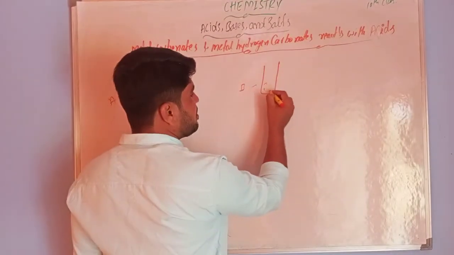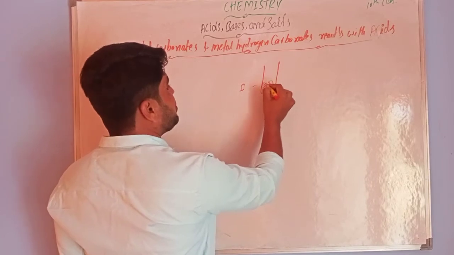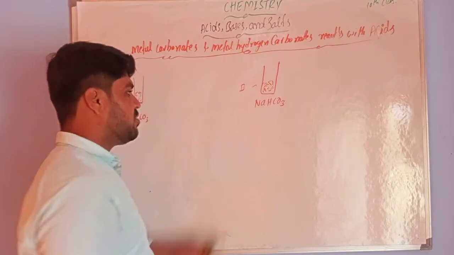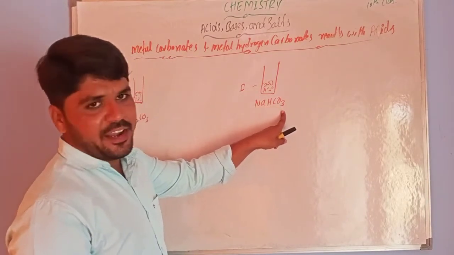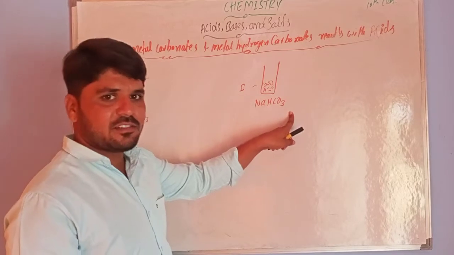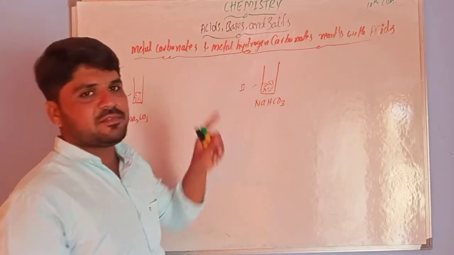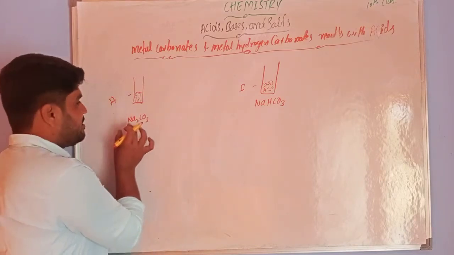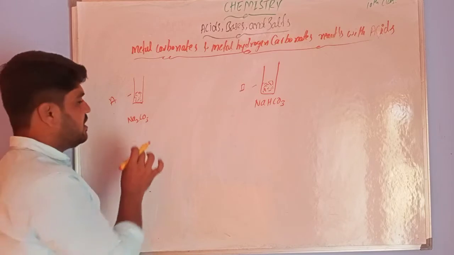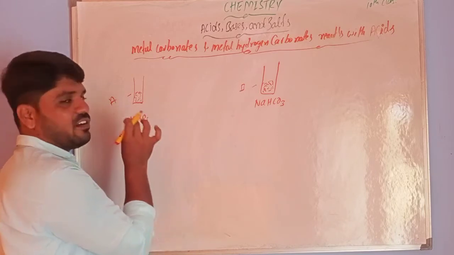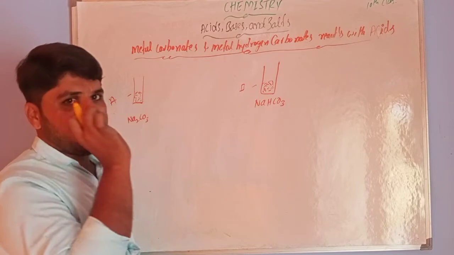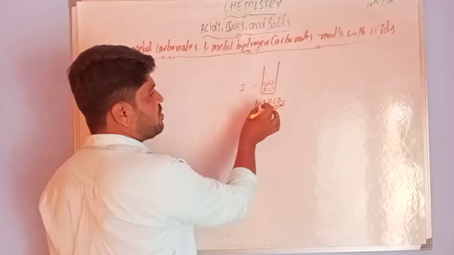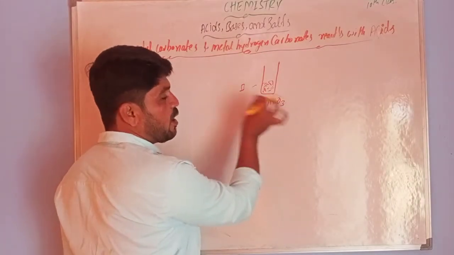In this test tube B, we add sodium hydrogen carbonate, that means sodium bicarbonate. So in the first test tube we have a metal carbonate, sodium being a metal, and Na2CO3 is the chemical formula of sodium carbonate. In test tube B, we have sodium hydrogen carbonate.